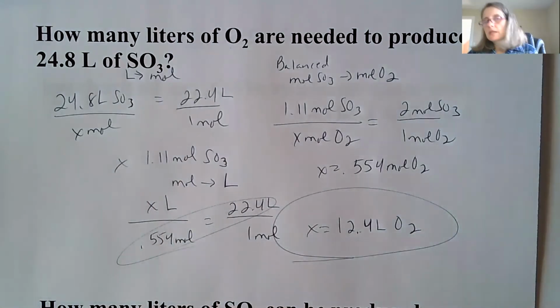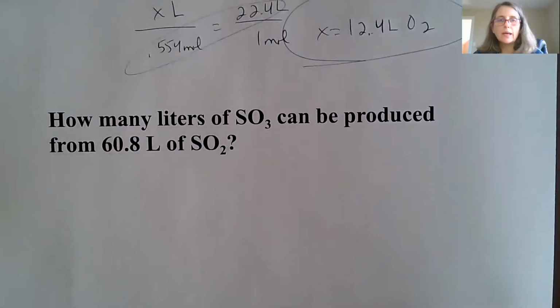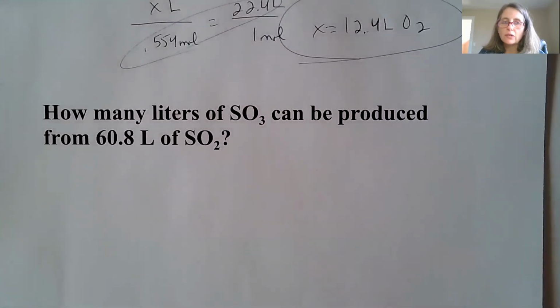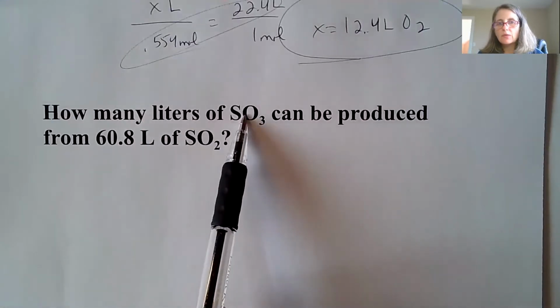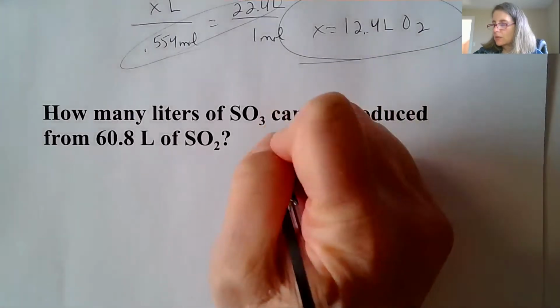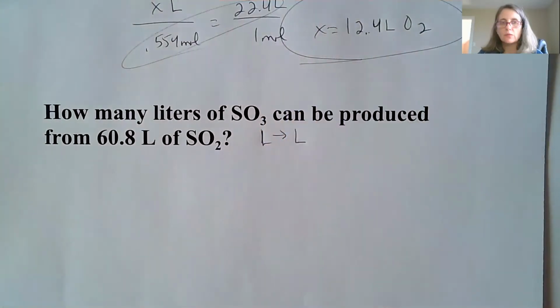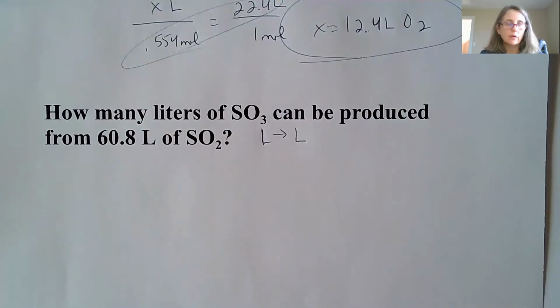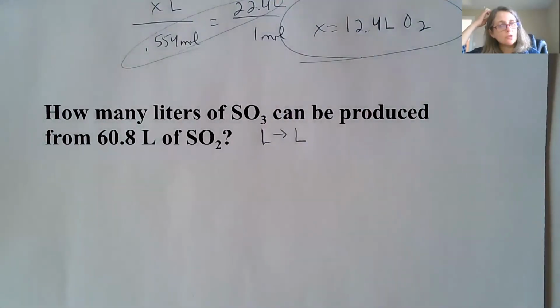Now, using the same balanced equation, I just want to point out that with this type of calculation, liter to liter, you could actually do kind of a shortcut to the answer. So how many liters of SO3 can be produced from 60.8 liters of SO2? This only works if you're going from liters to liters, by the way. If you are going from liters to something else, you can't do this.